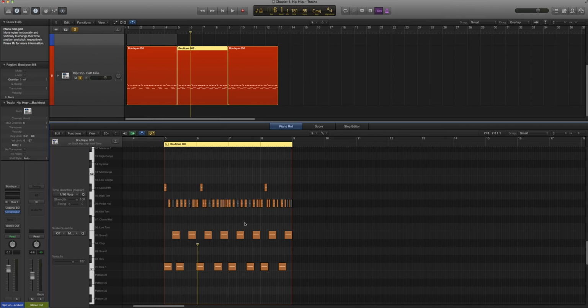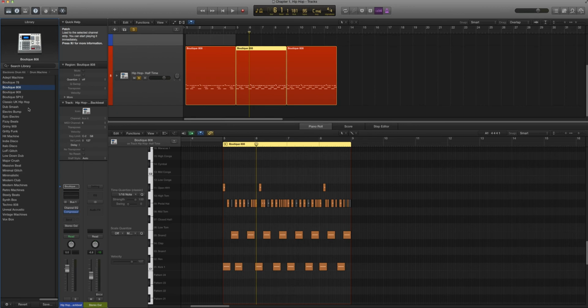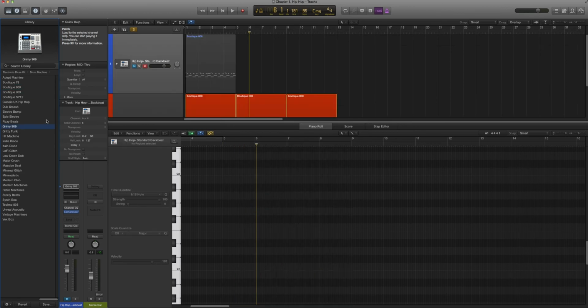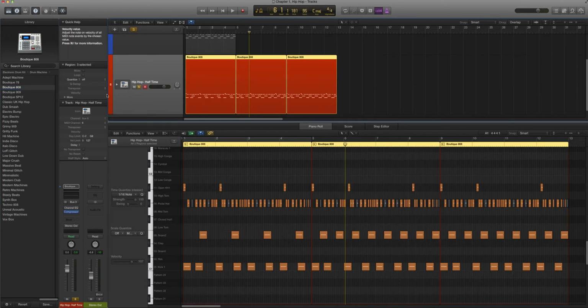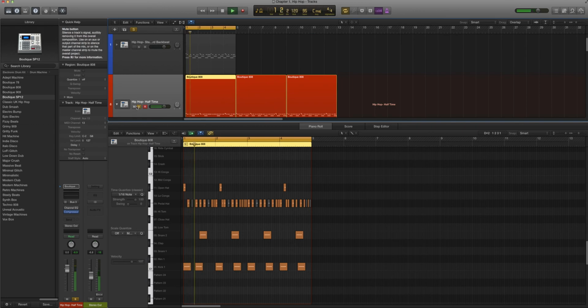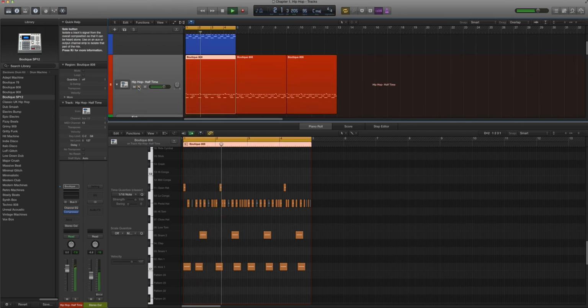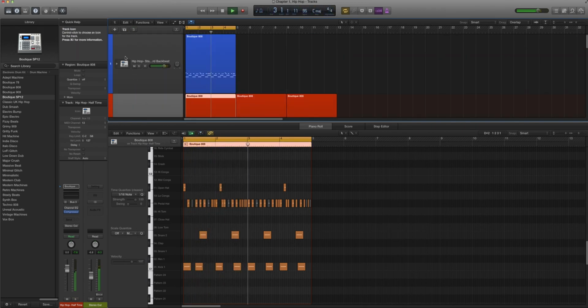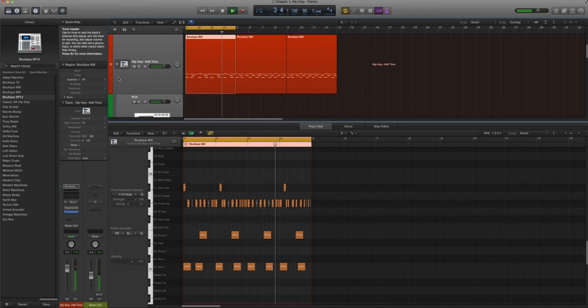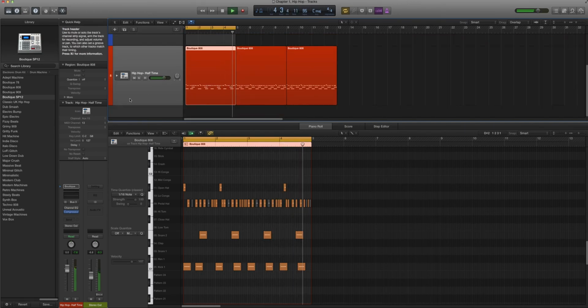But anyway, the point being, if I put up different drum kits here, it'll still work, it'll just be different samples, so it'll work completely separately. All right, so there's one with the Boutique SP.